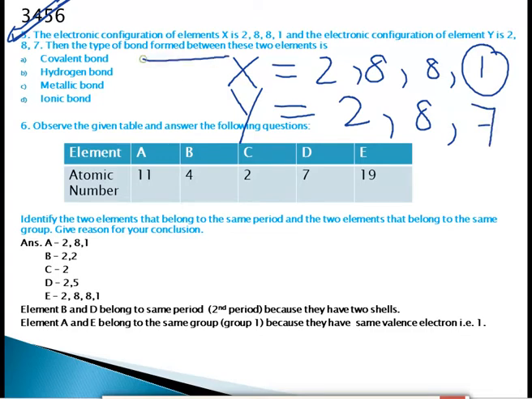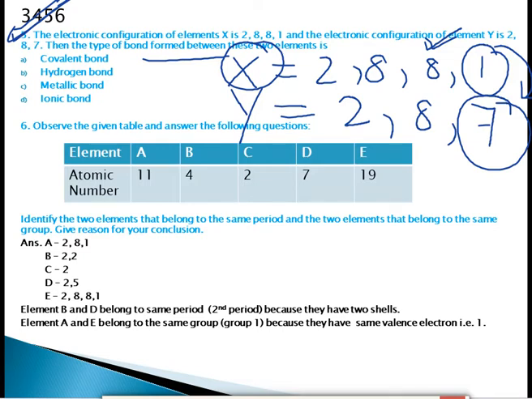So what type of bond is formed between these two elements? By looking at the valence electrons, you can easily say which type of bond is formed. X will donate its one electron to Y, so that X will become stable and Y will also become stable. X will have 8 electrons in the outermost shell, and Y will accept one electron, so it will also have 8 electrons in the valence shell.